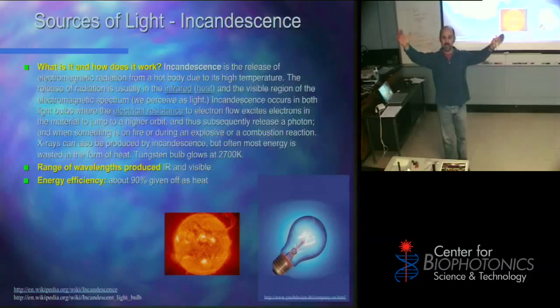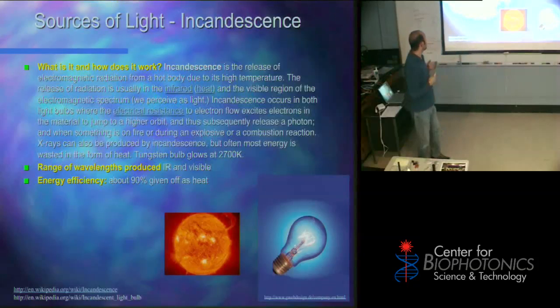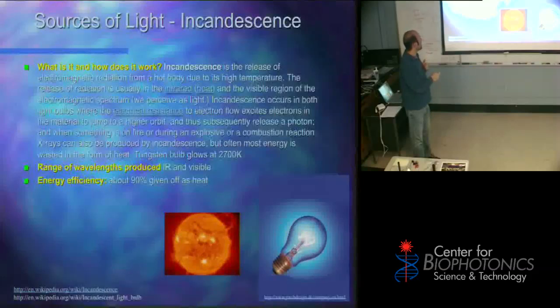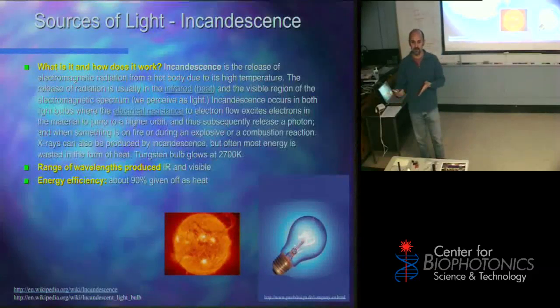Because it makes a whole range of wavelengths, not just visible, but also a whole bunch of infrared radiation, which is lost as heat. That's why light bulbs are not all that efficient. About 90% of the energy put into a light bulb is given off as heat, and usually we want light bulbs not as heat sources, but as light sources.